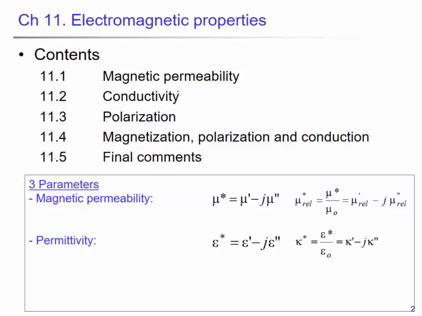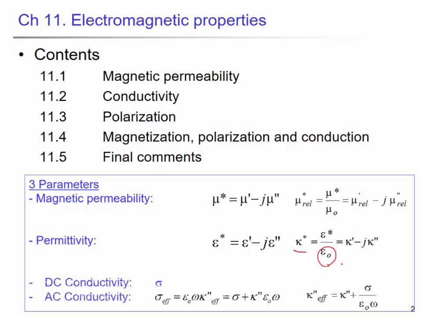It's a loss term, right? So that implies the energy loss during wave propagation. Here also we use the relative permittivity, divided by epsilon naught, the permittivity of free space. So kappa is the relative permittivity.